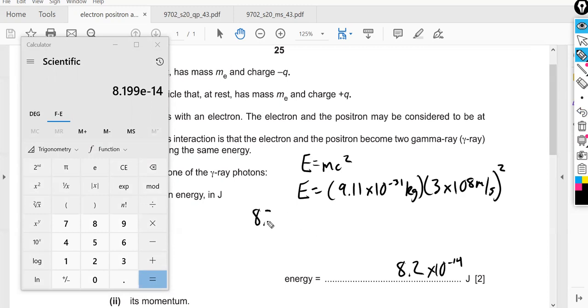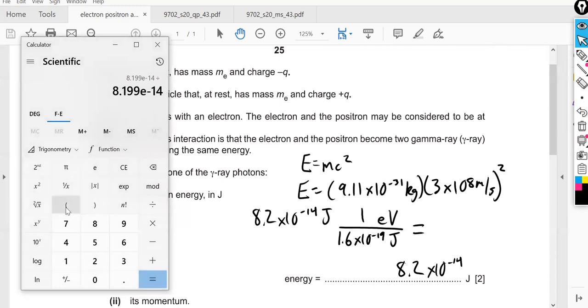As a bonus calculation, let's convert that into electron volts. So divide by 1.6 by 10 to the negative 19 joules per electron volt if you're converting joules into electron volts. With this value still in my calculator, I can divide by that and realize that that's a lot of electron volts.